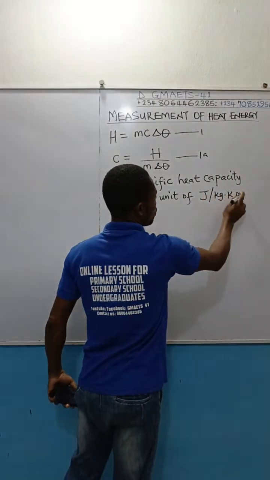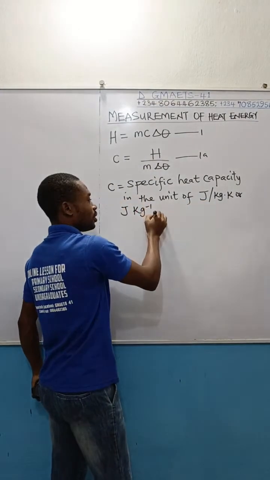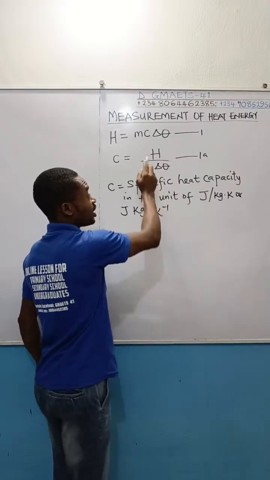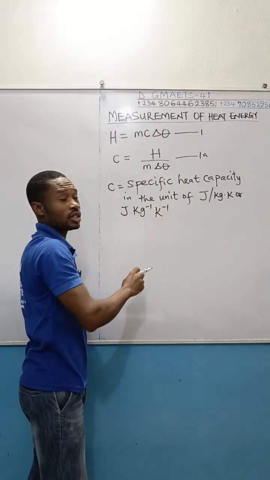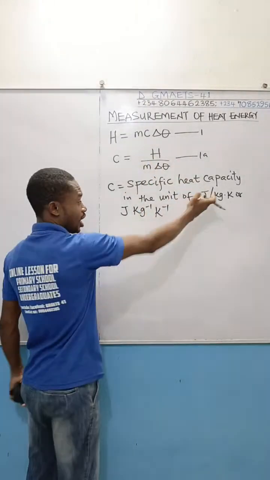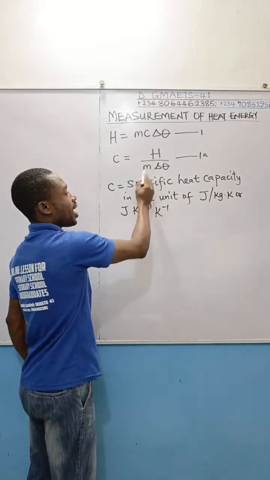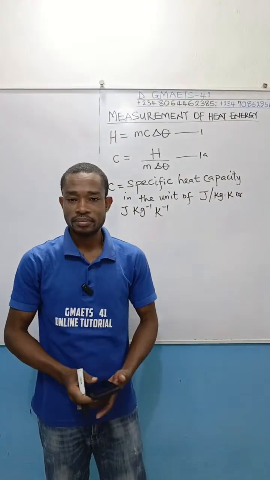You can write it this way, or you can write it as joule, with per kilogram written like this, and then per Kelvin, because it is energy divided by mass times temperature. Energy is in joule, mass is kilogram, and the temperature is in Kelvin.